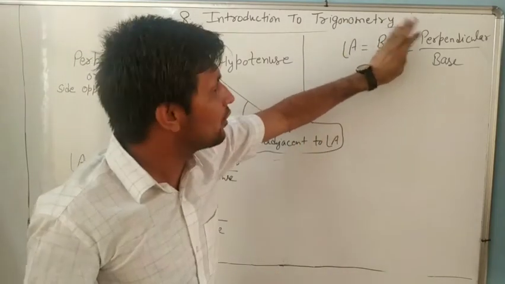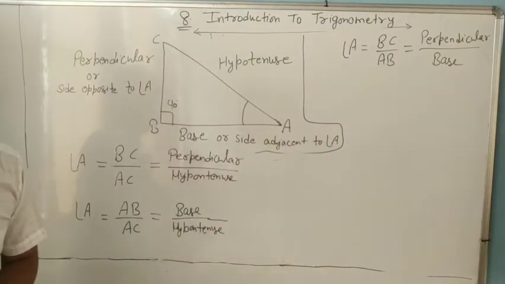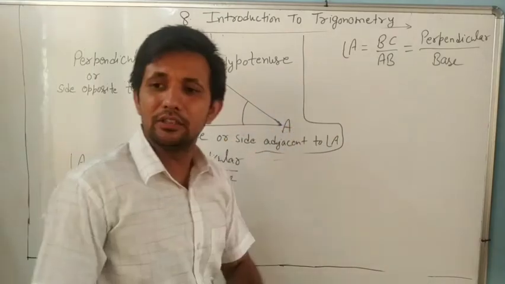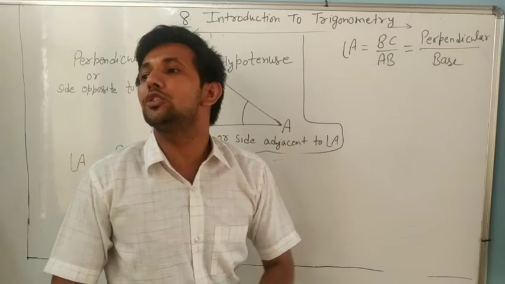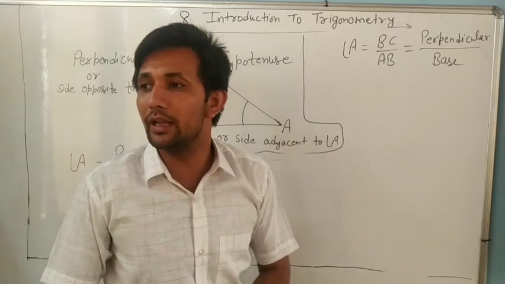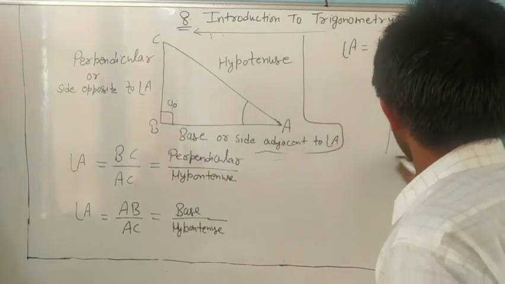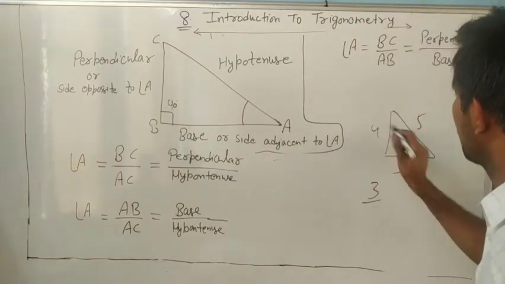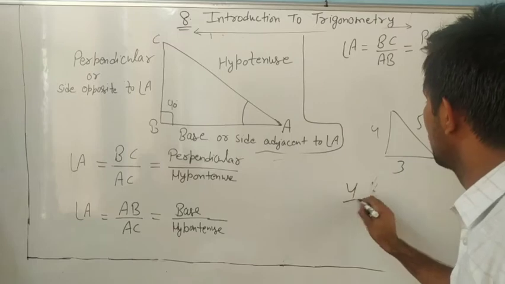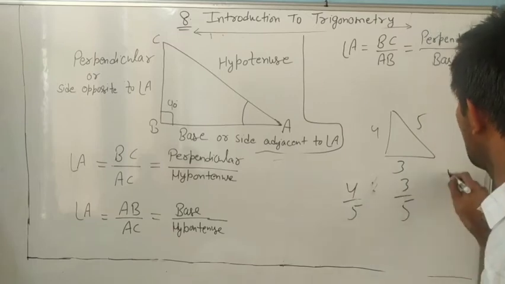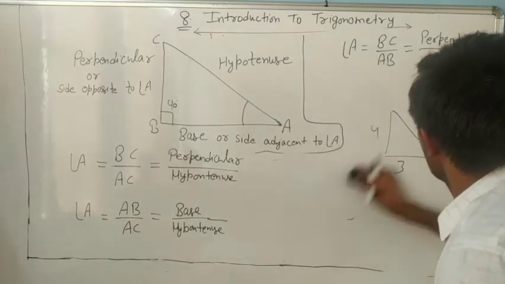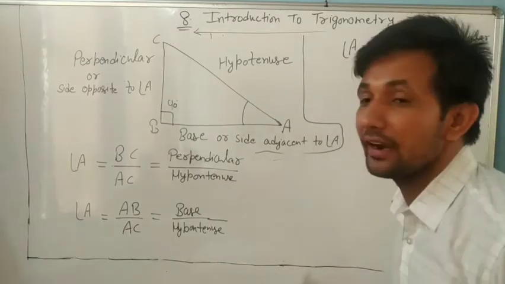So it means all ratios are equal, because it is also angle A. But it is not possible that they are equal, because the sides of a right angle triangle are 3, 4 and 5. What is the ratio? 4 upon 5, 3 upon 5. Are these the same? No.